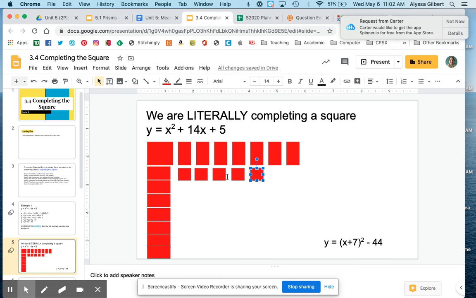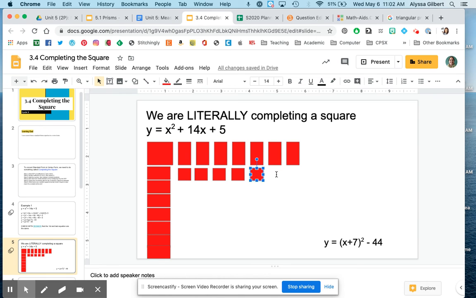Well, I've got 1, 2, 3, 4, 5, 6, 7 by 7, 49, right? So how many do I have to add to get to 49? 44, right? But I can't add 44 because that would change this. So you have to add 44 and subtract 44.